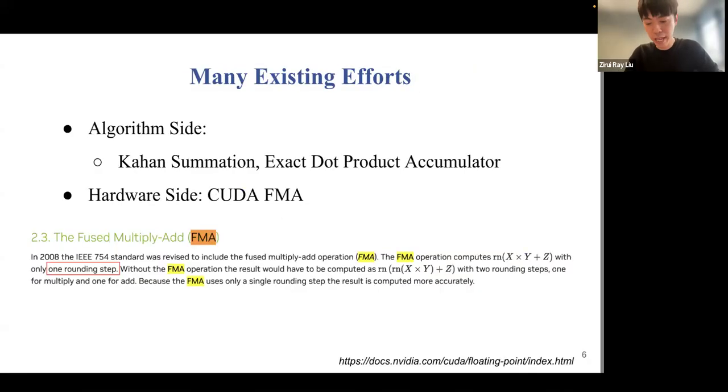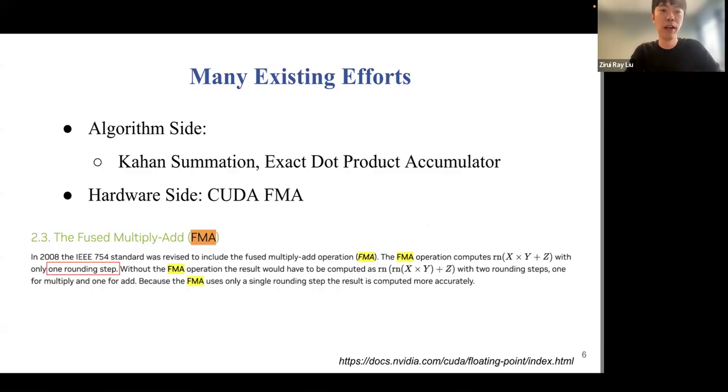Just like I mentioned, this is a very old problem, right? If we use computers to do the computing, then we have this problem, so we already have lots of efforts on it. If you are familiar with scientific computing or HPC, you will know there are many existing solutions.